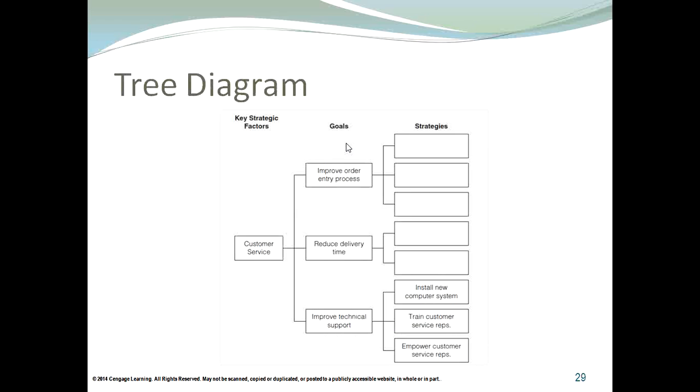Then the tree diagram, where customer service relates to how it takes feedback: improve order entry, reduce delivery time, improve technical support, or the strategies that can be put forth, install new computers, train customers, or empower customers.